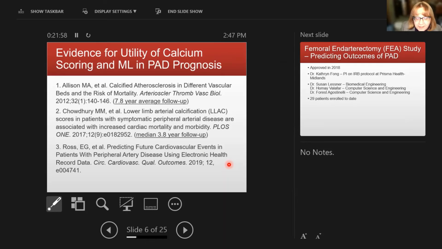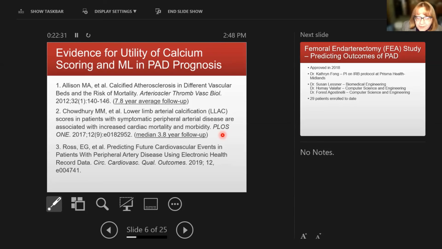And this Agatston score predicts not only severe cardiovascular outcomes, such as myocardial infarction, but it also predicts all-cause mortality. More recently, there's been evidence published in the literature that indicates that calcification in the lower extremities is also a useful predictive tool, not only for adverse events in peripheral arterial disease, but also for all-cause mortality.